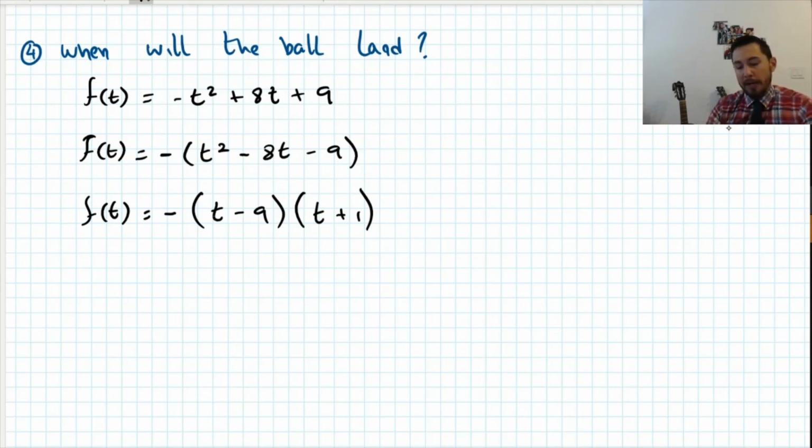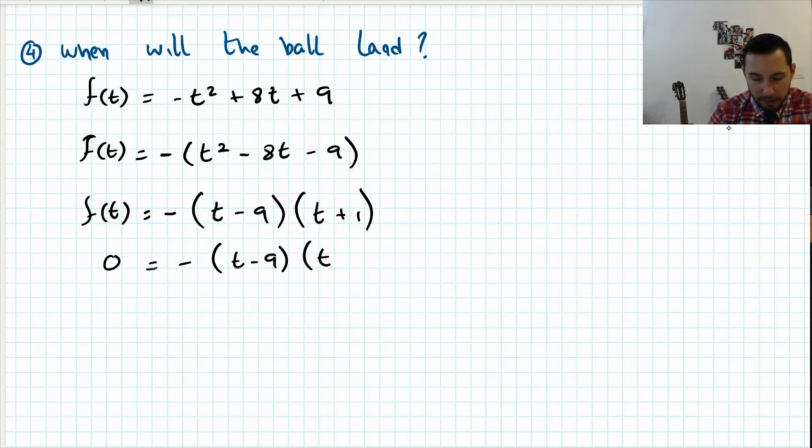Now I want my zeros, so I need this to be equal to 0. So 0 is equal to negative, t minus 9 times t plus 1. And here the only things that come out are the opposite of these values, so t is equal to positive 9 and t is equal to negative 1.